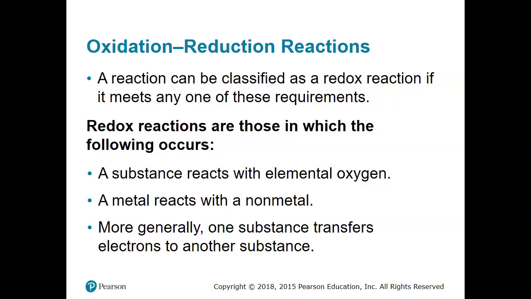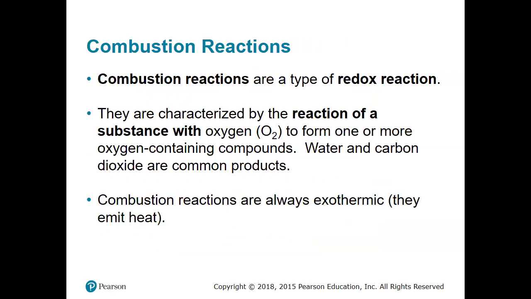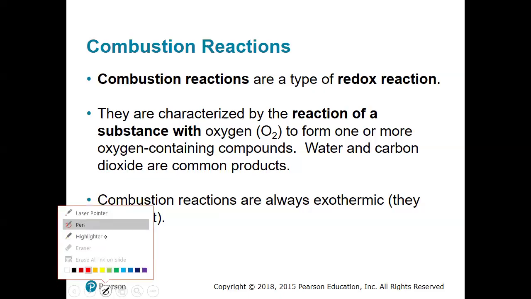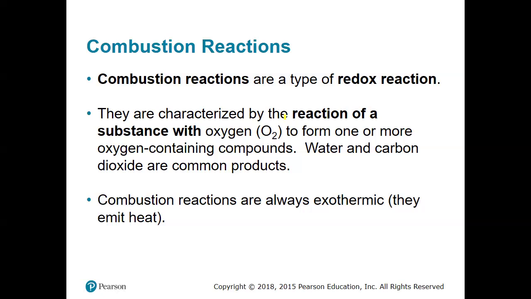Now, hidden in this group of redox reactions is the 5th most common type of reaction, the combustion reaction. Combustion reactions are redox reactions. They have probably the most common telltale sign of redox in that they are a reaction of something with elemental oxygen.